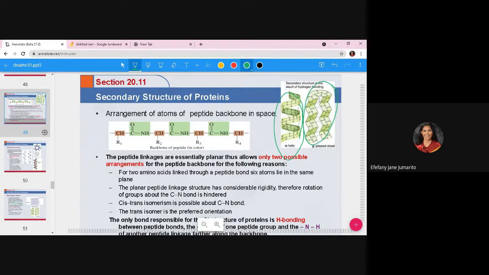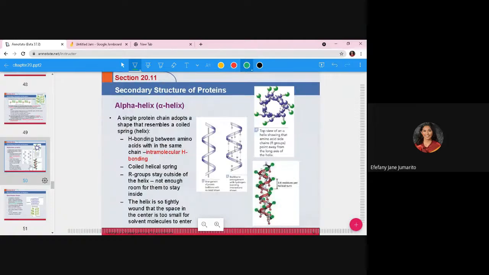Okay, so we have the secondary structure. We have the alpha helix and then the beta pleated sheet. Okay. All right. Now we have this one.